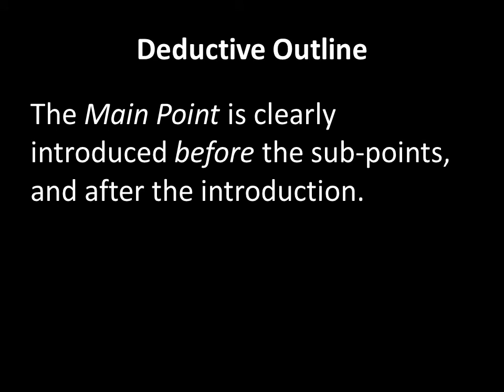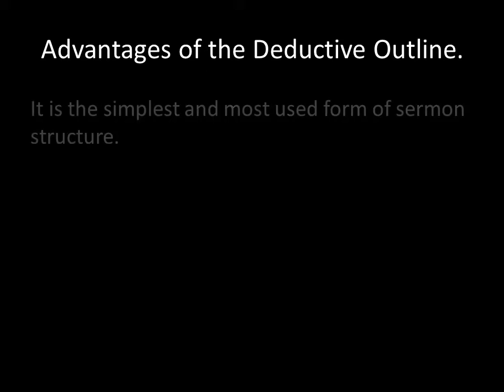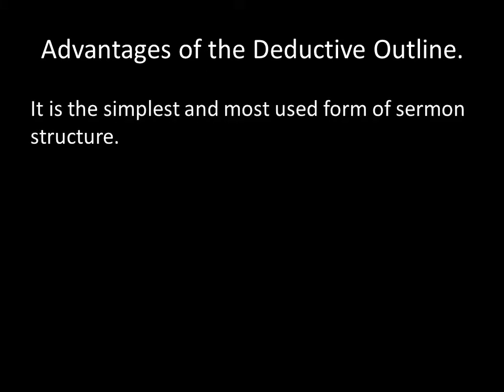In the deductive outline, the main point is clearly introduced before the subpoints. It begins with the main idea after the introduction. The subpoints follow the main point in logical fashion, and the advantages of this are that it is the simplest and most used form of sermon.